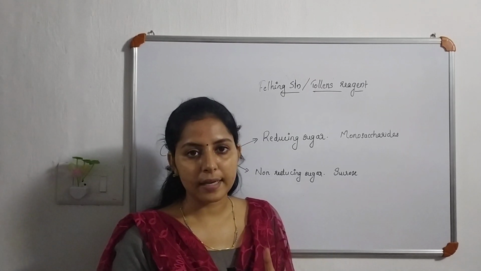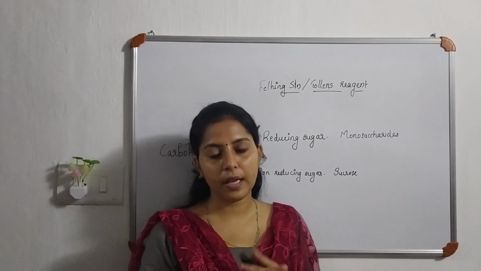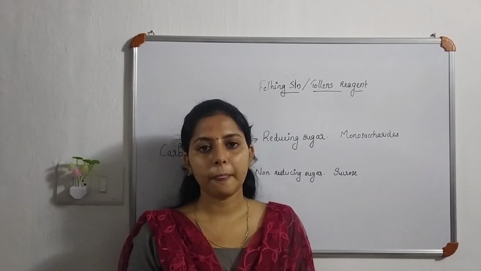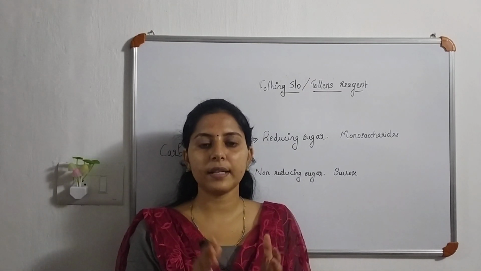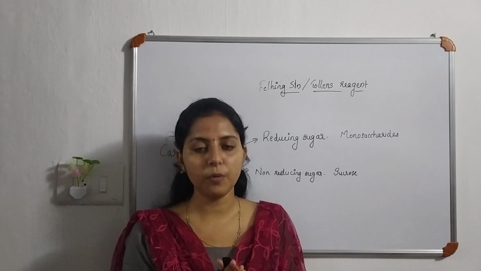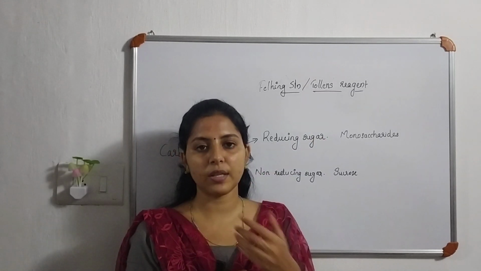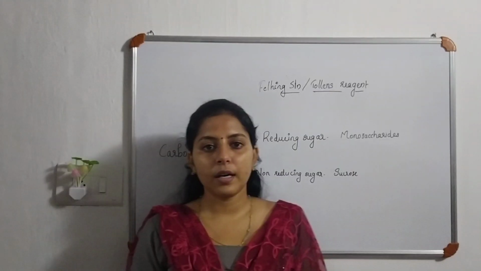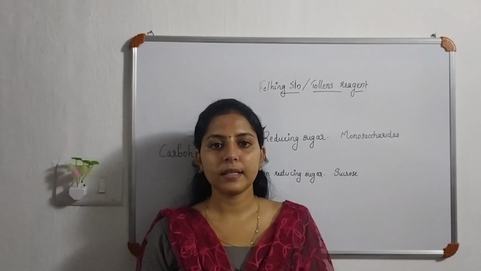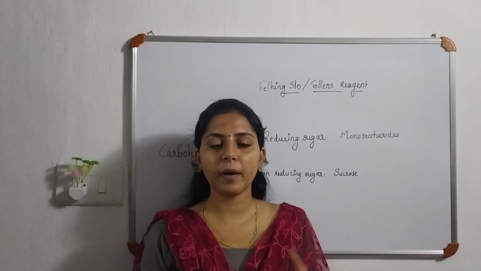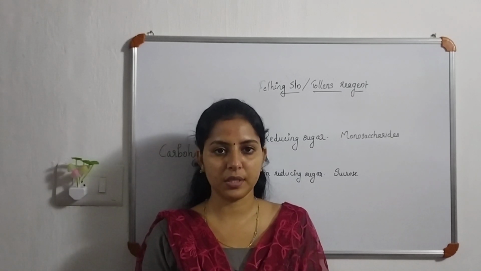All monosaccharides are reducing sugars, like glucose, fructose, etc. Because monosaccharides have a free aldehyde or ketone group that can reduce Fehling's solution and Tollens' reagent, they act as reducing sugars. Disaccharides are formed by combining 2 monosaccharide units.